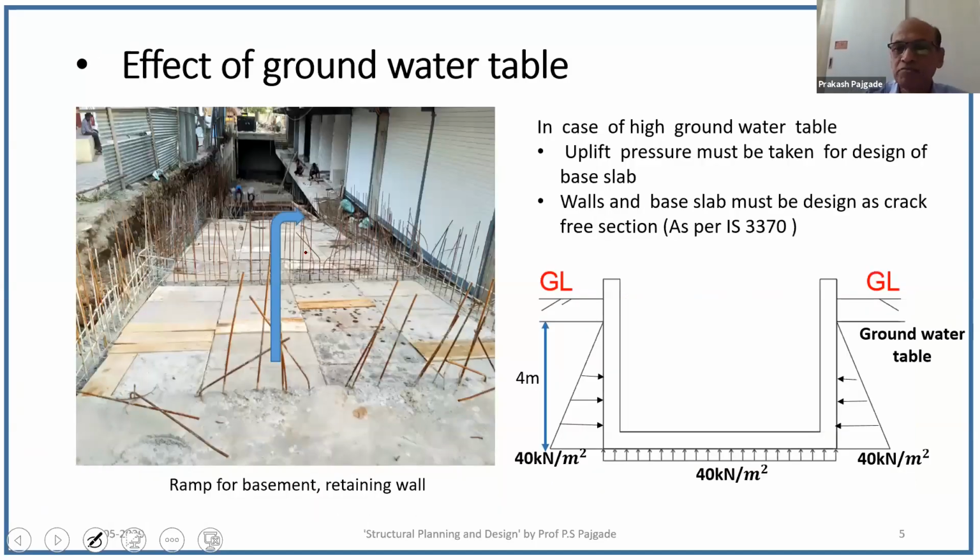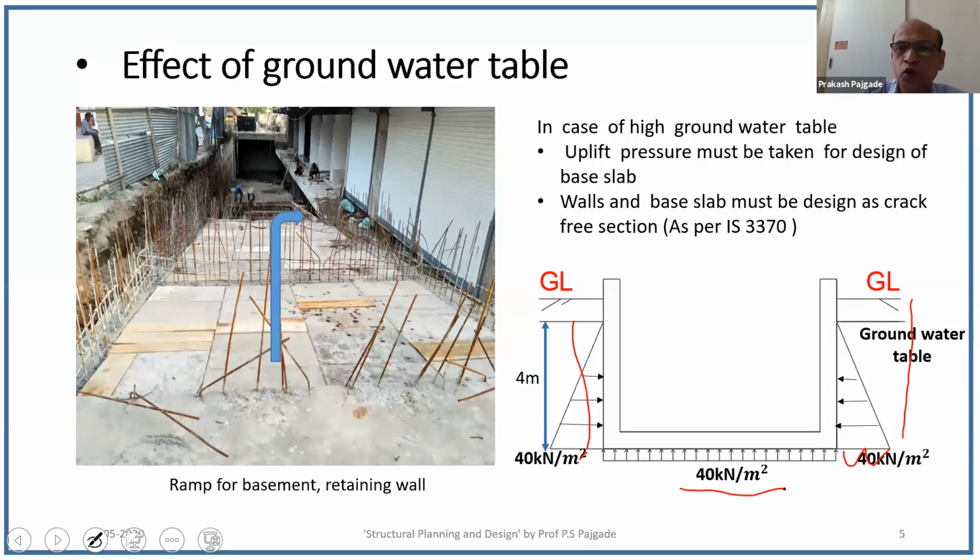Now this is some small plan. Let's consider that during rainy season, this is the groundwater table, which is 4 meter to the base. So naturally, there will be uplift pressure of 40 kilonewton per meter square at the base. Similarly, on wall, there will be water pressure of 40 kilonewton per meter square, and in addition to that, there will be soil pressure.